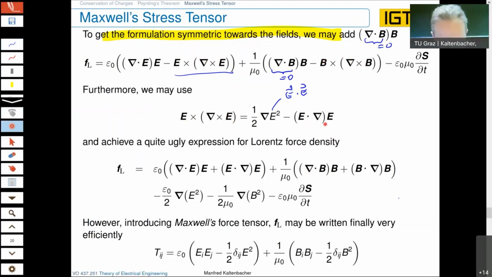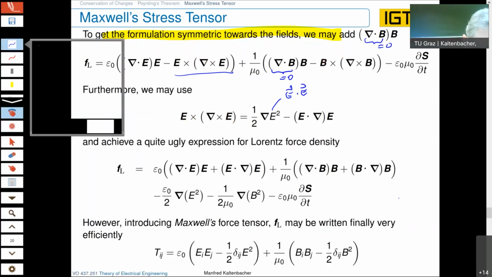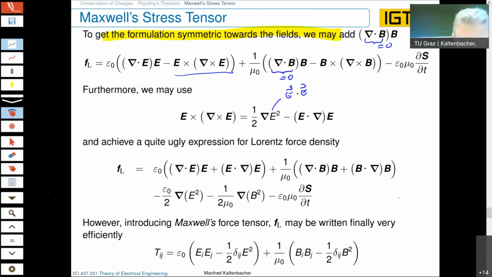Okay, so you see that according to this equation here, this additional term comes in and this term comes in, yeah?